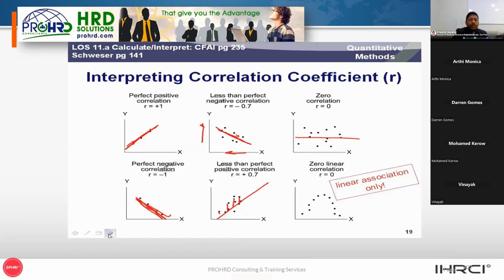Here you see interpreting the correlation coefficient. The first graph is a perfect correlation. Guys, can you see the full screen?